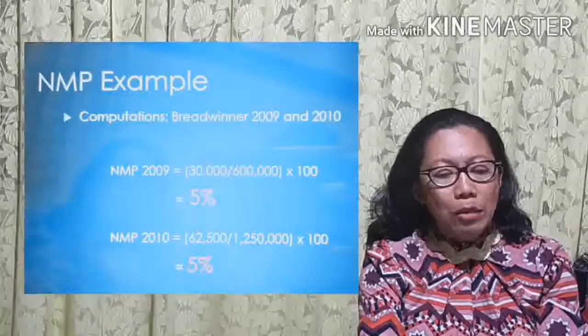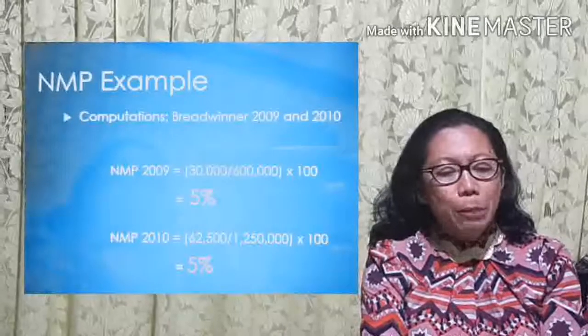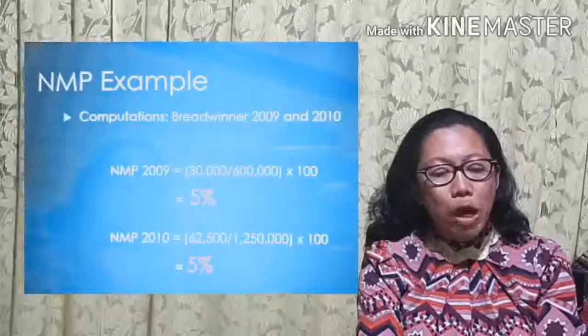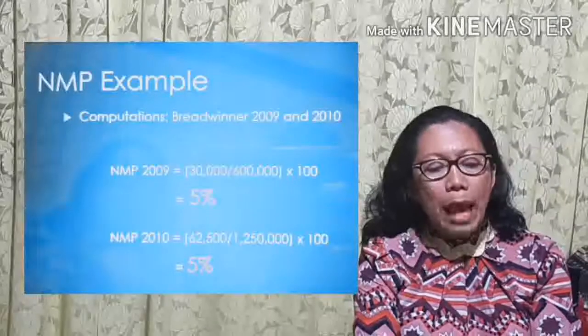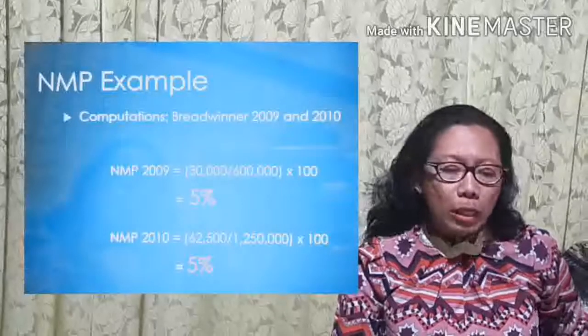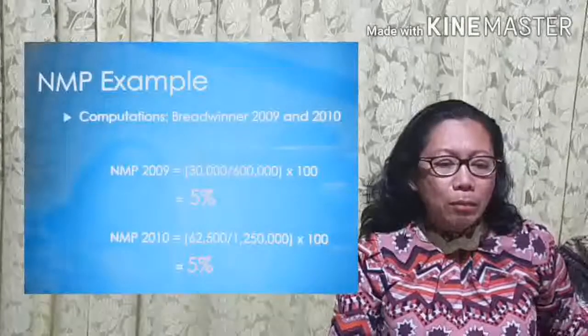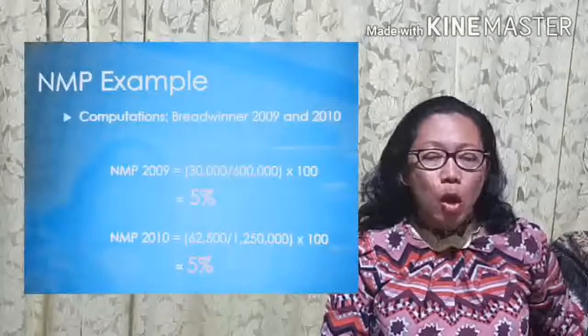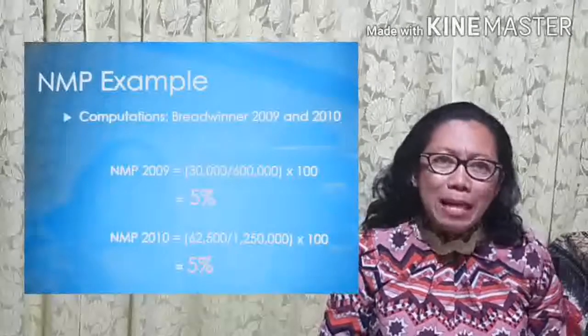And for 2010, the net profit before tax of 62,500 divided by the sales of 1,250,000 times 100 is equal to 5% also. So as we all notice, the net profit margin is the same in 2009 and 2010, which is 5%. Why is that so?